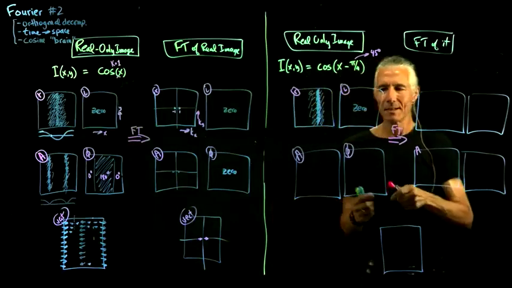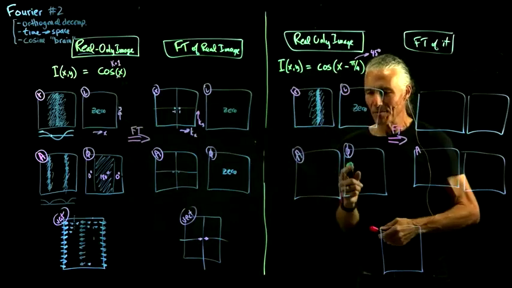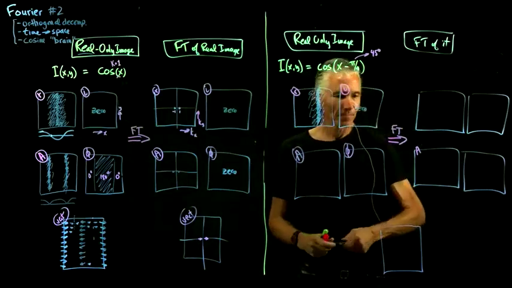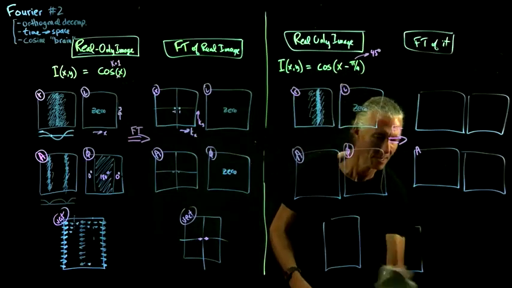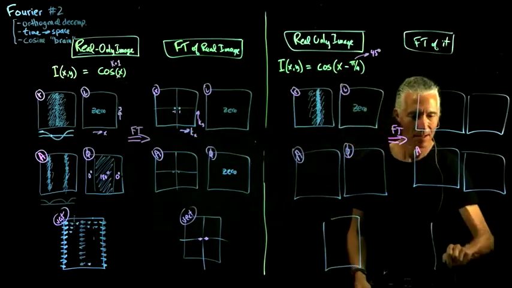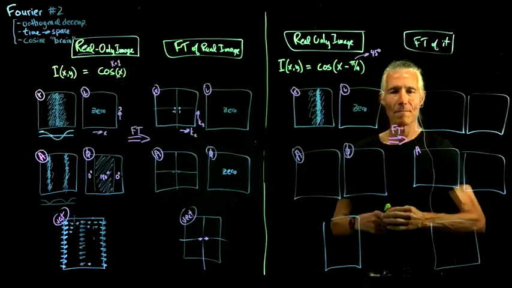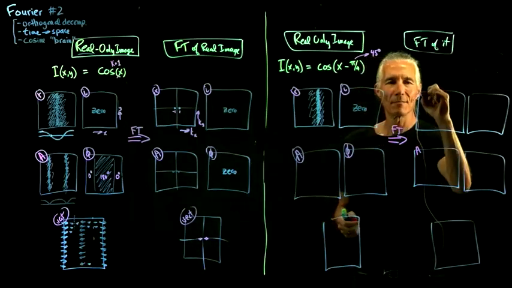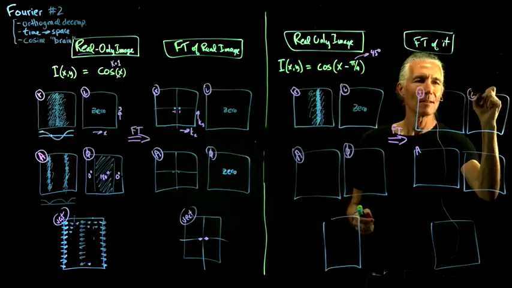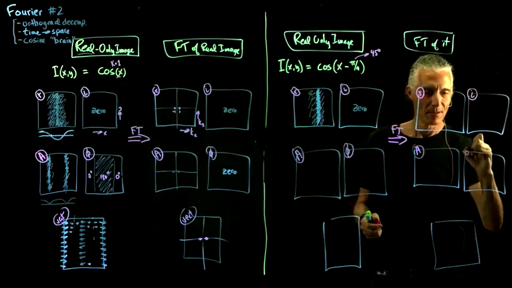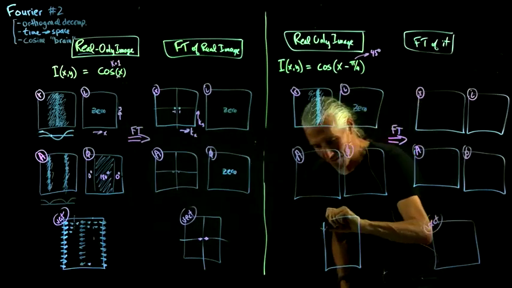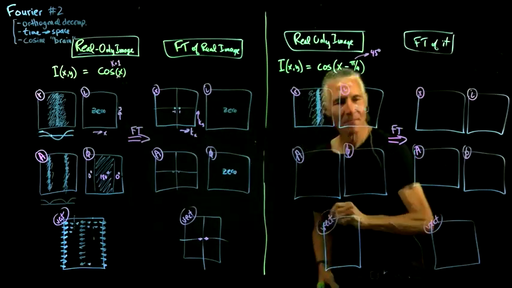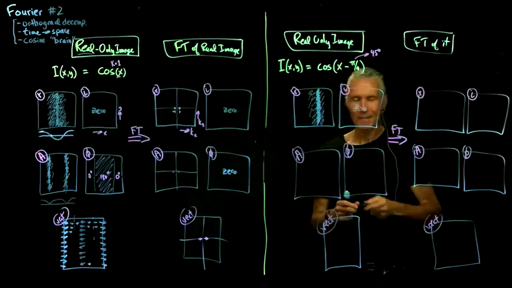Okay, so we got real, imaginary, amplitude and phase, and vectors down here. And here again we have real and imaginary, amplitude, phase, vectors again. Okay, got everything straightened up.